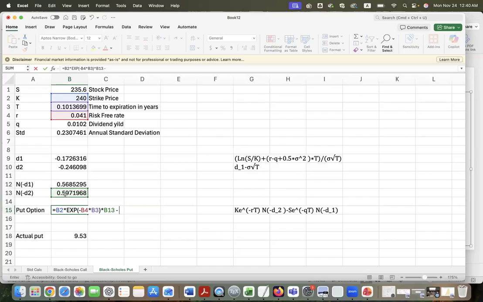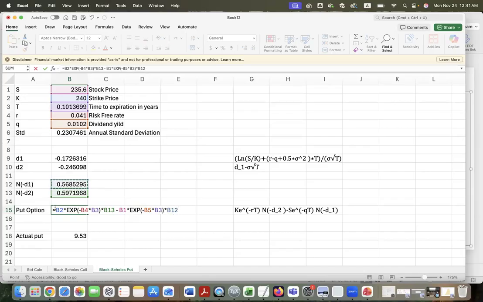Okay, minus S times EXP negative QT, times N of negative D1.